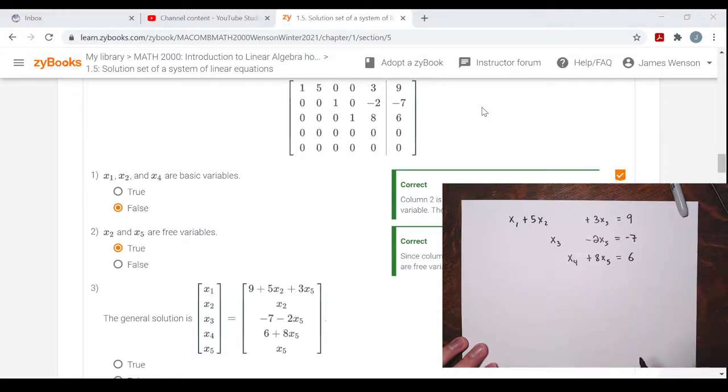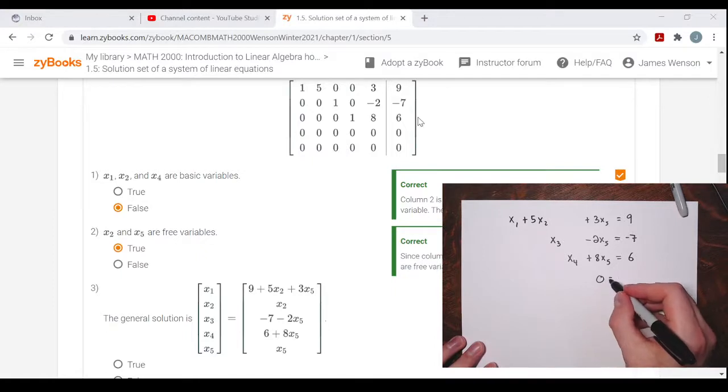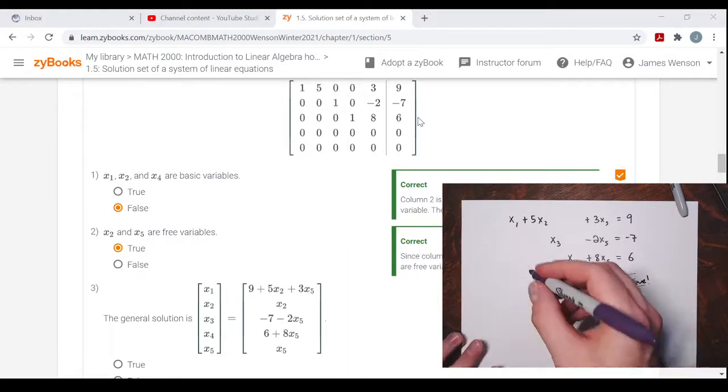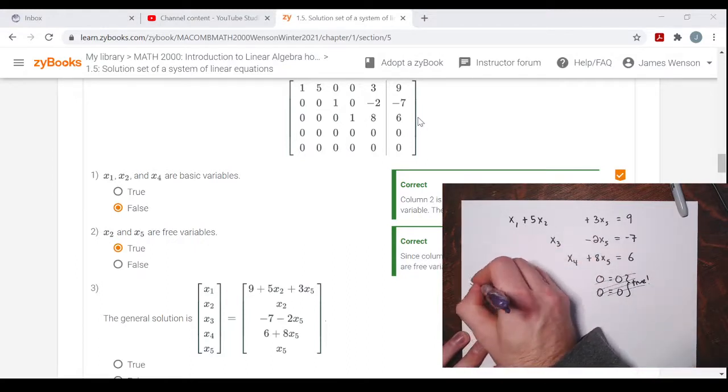Then you have 0 equals 0. These last two rows correspond to 0 equals 0, which are true statements, so you can ignore them. They're always true. So you can ignore entirely zero rows when solving systems. Now I'm just going to solve each of these. Again, x2 and x5 are the free variables.